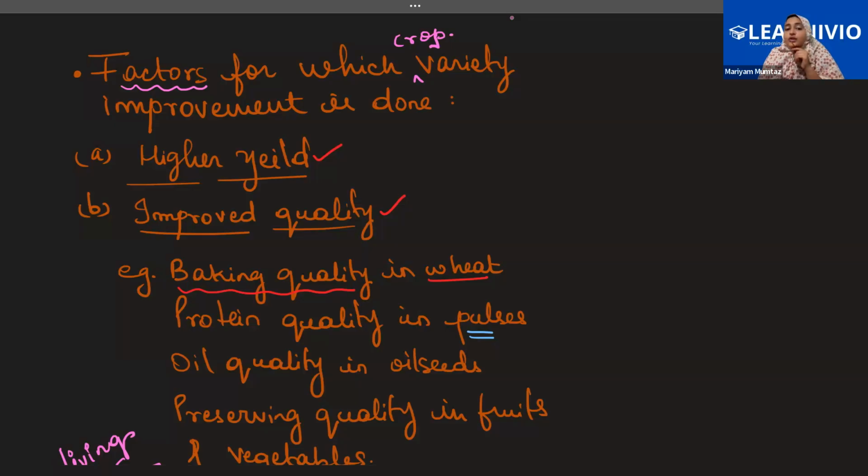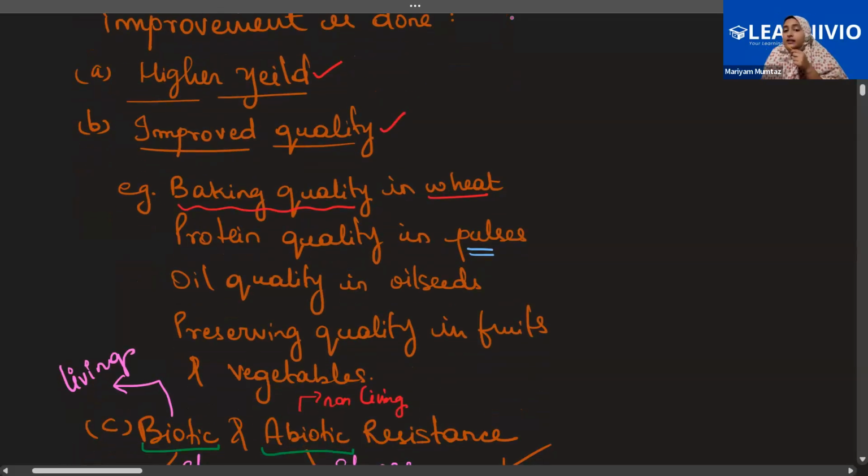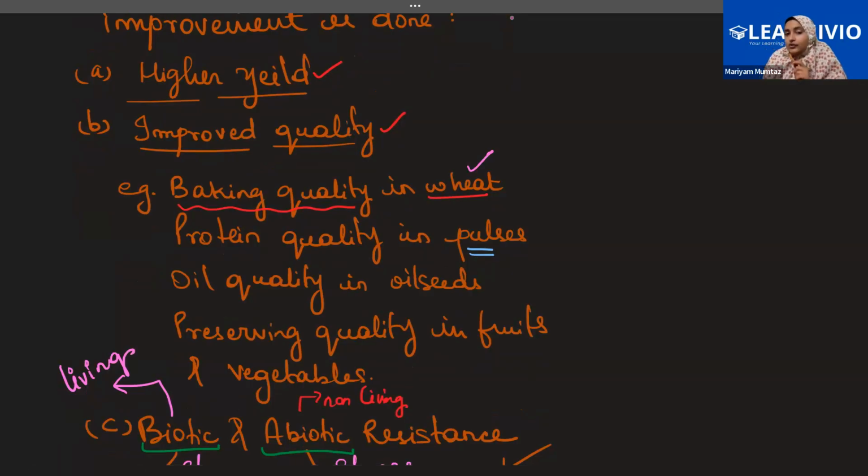Then comes improved quality, meaning whatever product we get should be of the best quality. For example, the baking quality in wheat. Wheat is used as all-purpose flour, for baking and for cooking a variety of things, so the baking quality should be good. Pulses are a source of protein, so protein quality can also be improved.